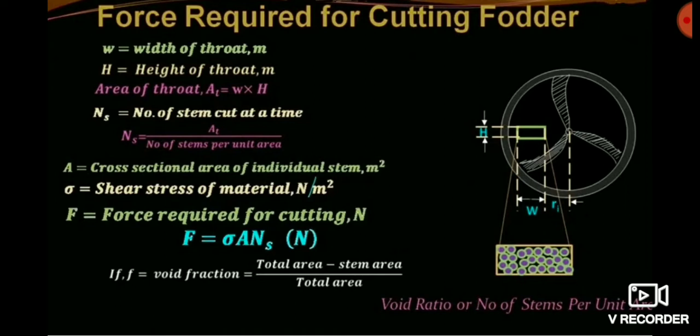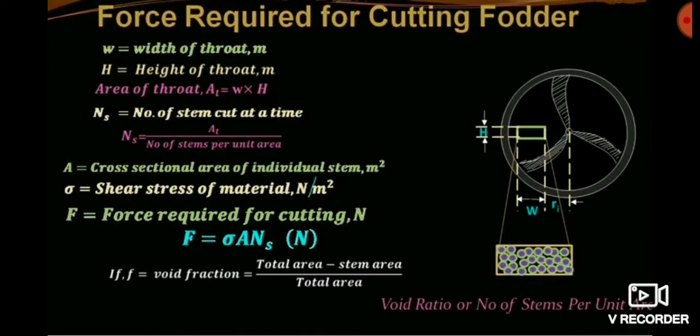Cross sectional area means, you can see that the throat is in the shape of a rectangle, so cross sectional area is length into width, so W into H. And friends, sometimes in the question they say that some amount of void fraction is present. All of you know that void fraction is nothing but volume of voids divided by the total volume.